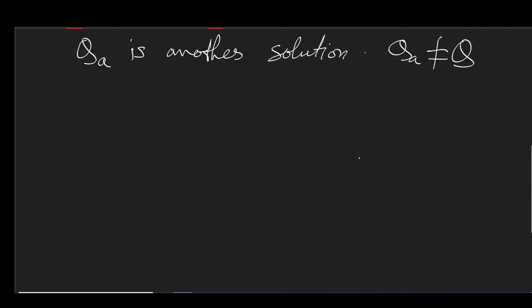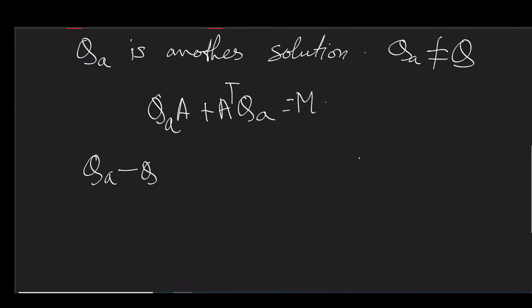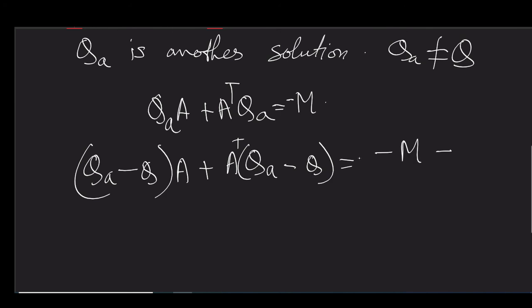Now see what we can write here. If Q tilde is a solution, then you can write the same thing for Q tilde, that is Q tilde A plus A transpose Q tilde is equal to minus M. So then you will get Q tilde minus Q, A, plus A transpose, Q tilde minus Q is equal to minus M minus of minus M, which is equal to 0. But from this what you will get?